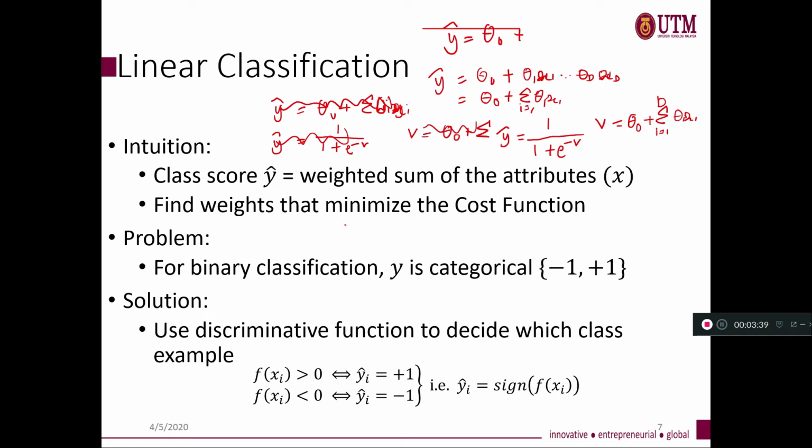You can see that if I draw the block diagram, for linear regression, the input is x. It's a whole x, a vector, meaning you have x1 up until xd.